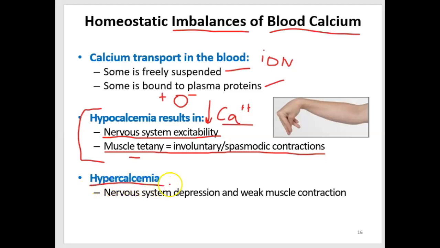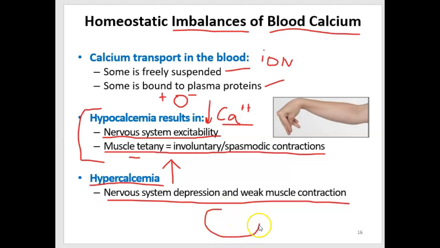Hypercalcemia, by contrast, is high levels of calcium above 10.4 milligrams per deciliter, and this depresses the nervous system and weakens muscle contraction. And part of that has to do with the same factors. If this is a muscle cell that has calcium stored in the sarcoplasmic reticulum, I'm trying to draw the sarcoplasmic reticulum.